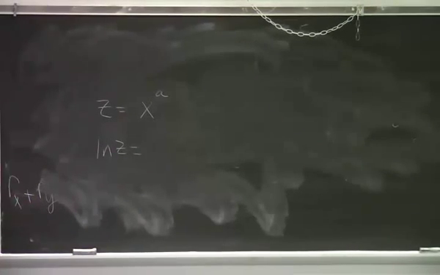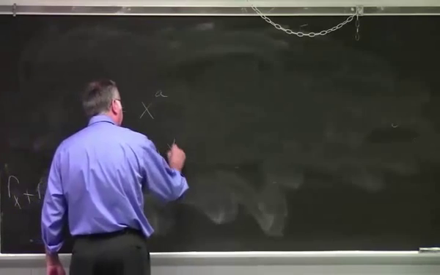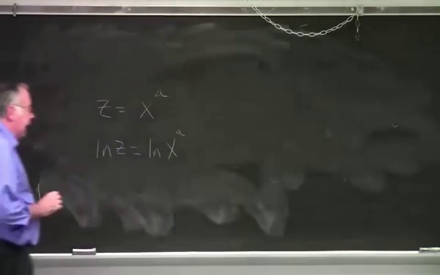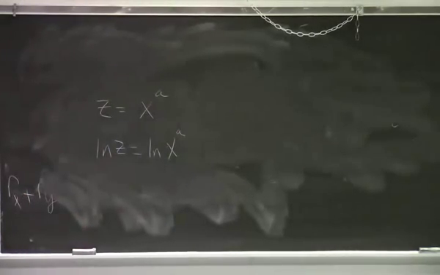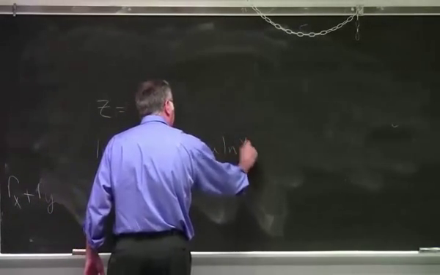It is the log of x raised to the a power. And what is the logarithm of x raised to the a power? Yes. Okay, you just use rule number 3 and bring that down.